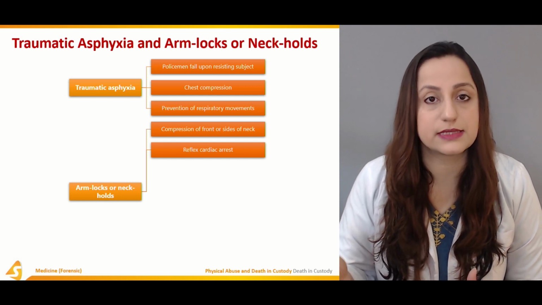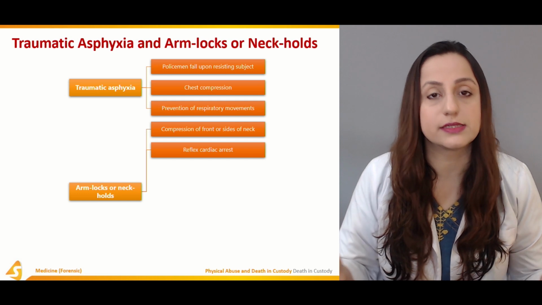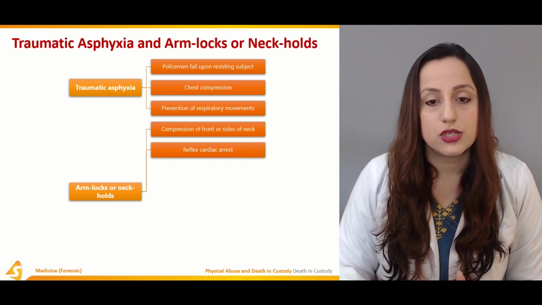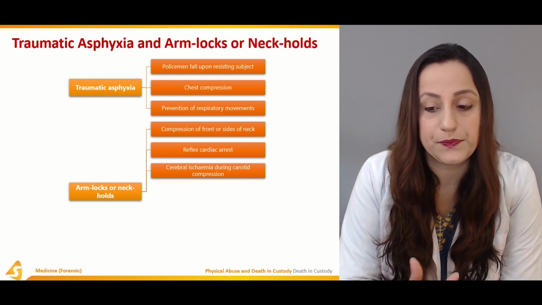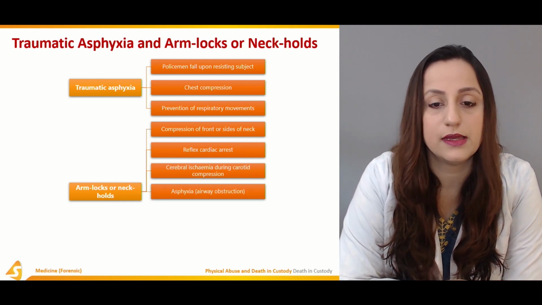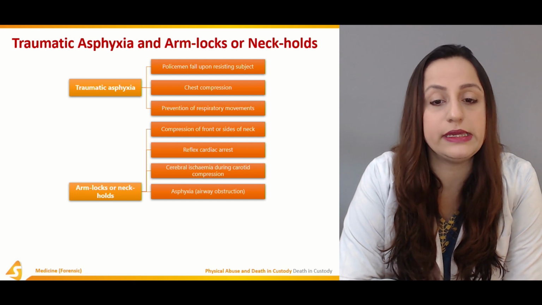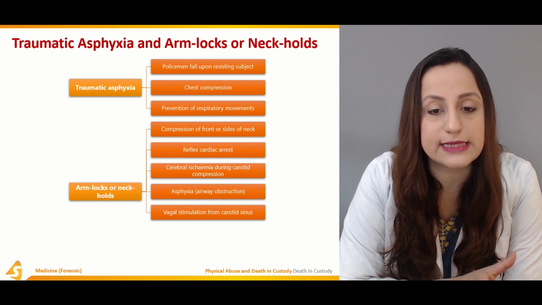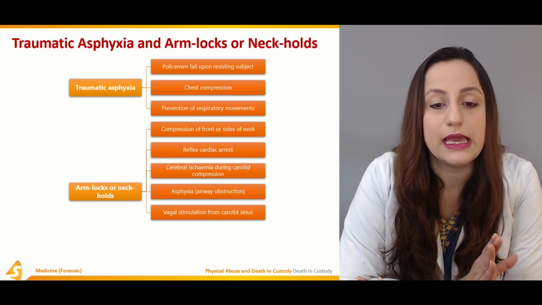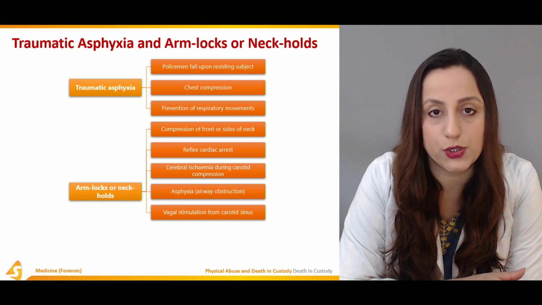Reflex cardiac arrest is basically occurring after this jugular and carotid compression. So the cerebral ischemia during the carotid compression occurs, and that is the part of those arm locks. And asphyxia or the airway obstruction are again one of the resulting effects of these arm locks. And then we have the vagal stimulation from the carotid sinuses.